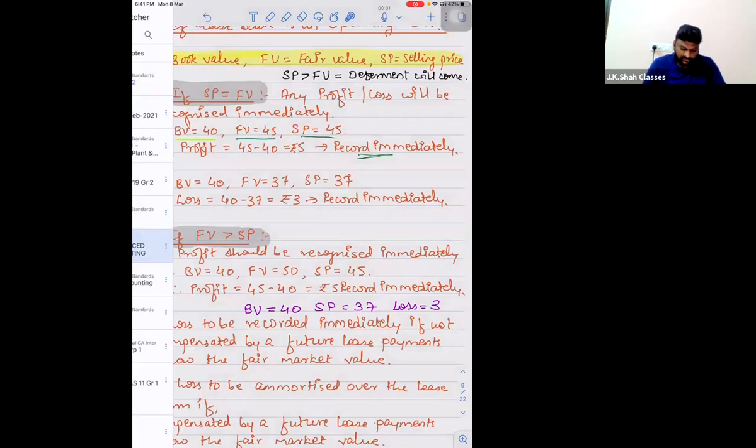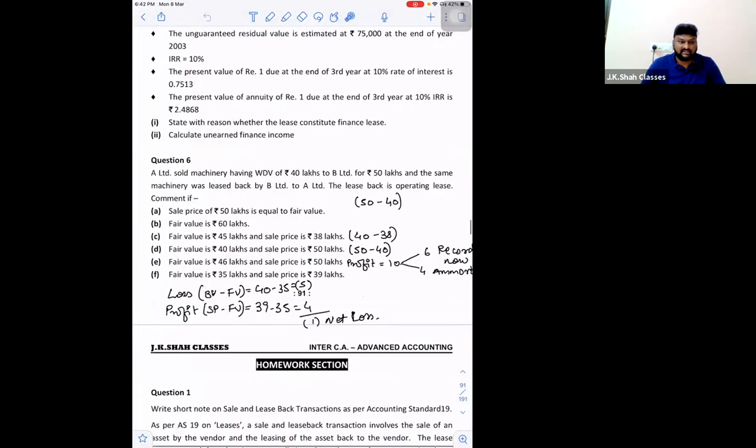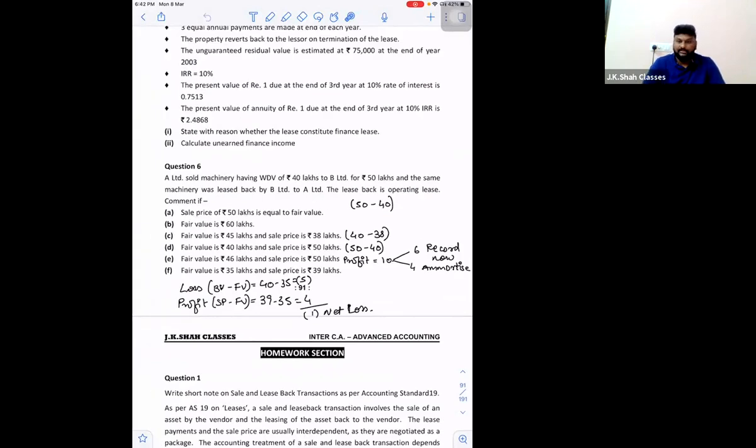You have to solve question number 6 of your study material, which is based on the concept of sale and leaseback.